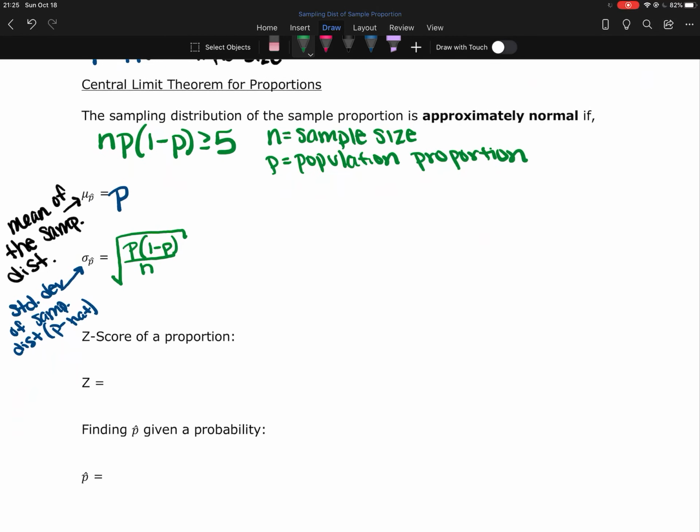So then if I have a sample proportion and I want to figure out how far away it is from the mean in terms of the standard deviation, I want to find the z-score. I'm going to take my sample proportion p hat minus p, which is the mean of this distribution, and divide that by the square root of p times 1 minus p divided by n.